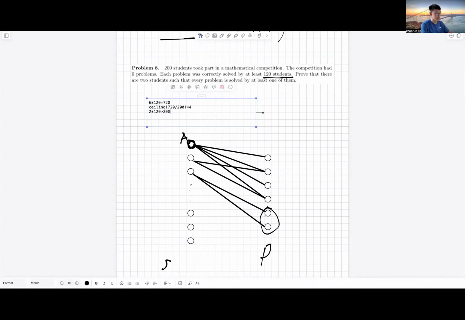And we only have 200 students. So these 240 edges must be distributed between these students, and we have more edges than students, like 40 more. So there's at least one of the students that has 2 edges connecting to these 2 problems. So there must exist one student that solved these 2 problems.